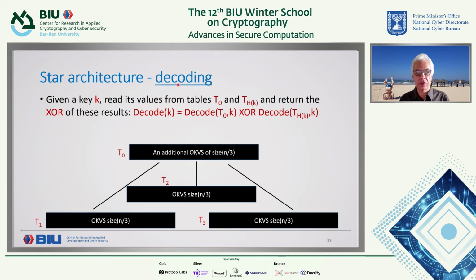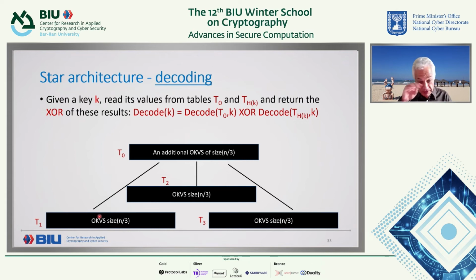So how are we going to decode? We have a key and we want to read the value from the table. The hash function is going to map the key to one of the 3 tables down here. Say the item is mapped to this table.